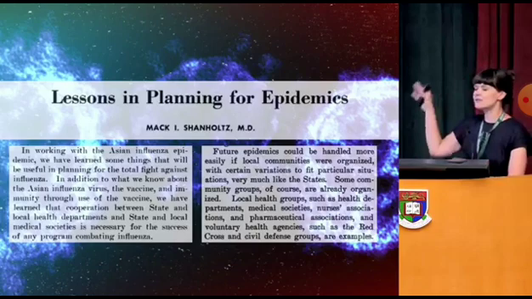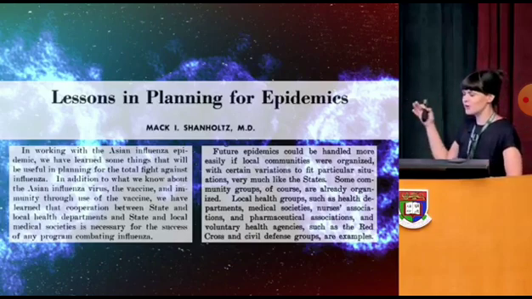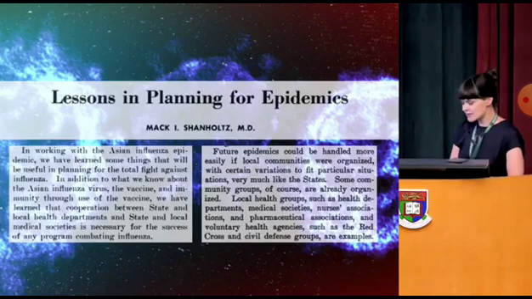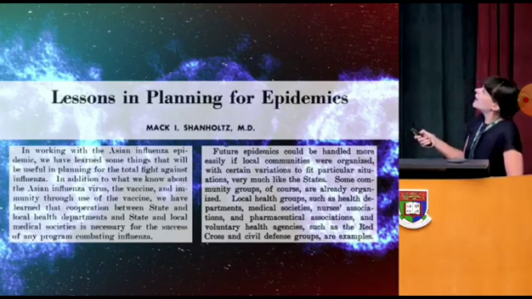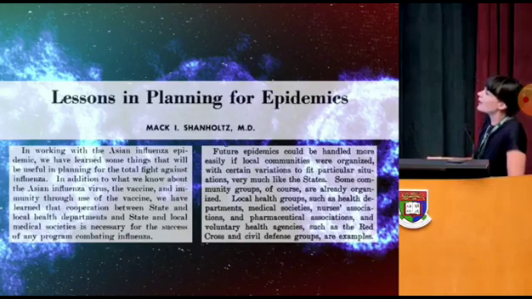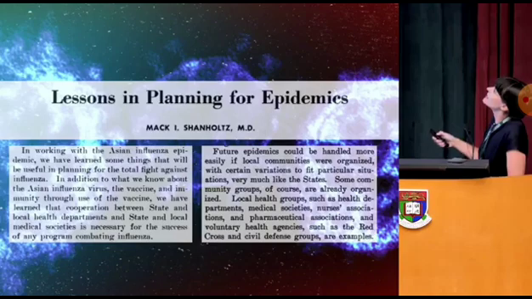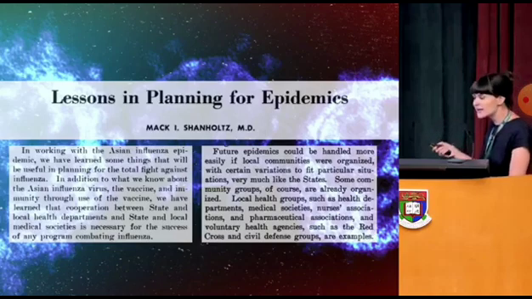This, I think, really kind of sets the stage for the current genre of pandemic lessons learned literature. And he says things like, we've seen the importance of cooperation between state and local health departments. Future epidemics could be handled easily if communities were organized.